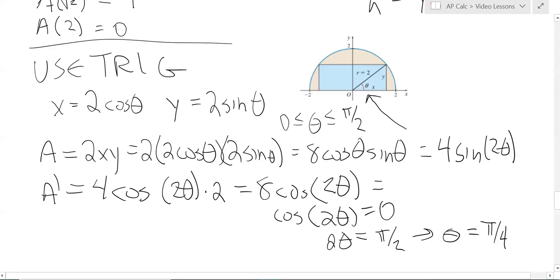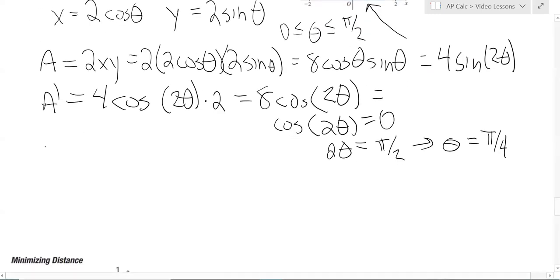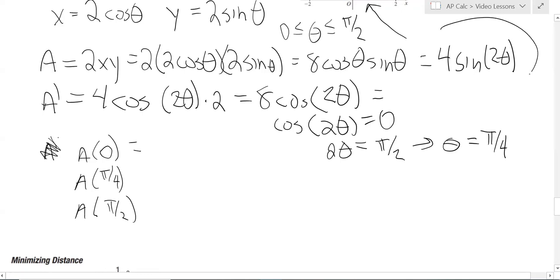Now we can evaluate the area function at 0, pi over 4, and pi over 2. Again, when you plug in 0, now we're plugging in 0 into the area function here for theta, not for x or y. So sine of 0 ends up being 0.